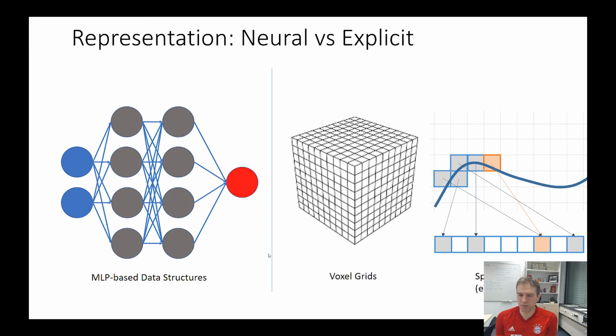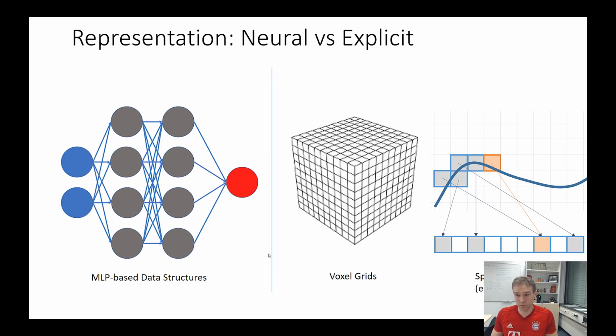But now there are a lot of people looking into how to make rendering pipelines differentiable and then trying similar optimizations that we used to do in neural networks with classical data structures. I think that's quite an interesting question. And between those two, there are a lot of combinations, right? There are a lot of hybrid representations that use voxel grids maybe as a coarse data structure and then use MLPs in the nodes of the voxels.